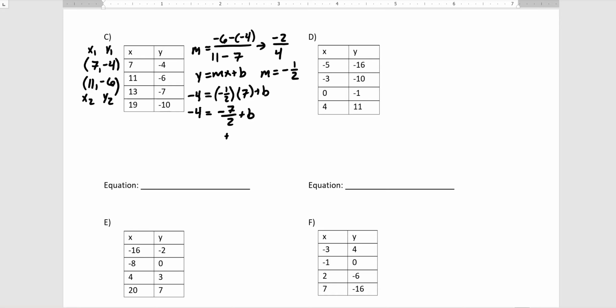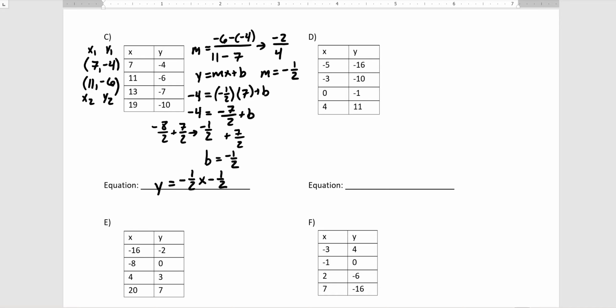So I need to add 7/2 to both sides here. So negative 4 is negative 8/2 plus 7/2. Well, negative 8 plus 7 would give me negative 1/2. All right, so I'll say that b equals negative 1/2, which means my equation is y equals negative 1/2 x minus 1/2. Hopefully we did pretty well there.